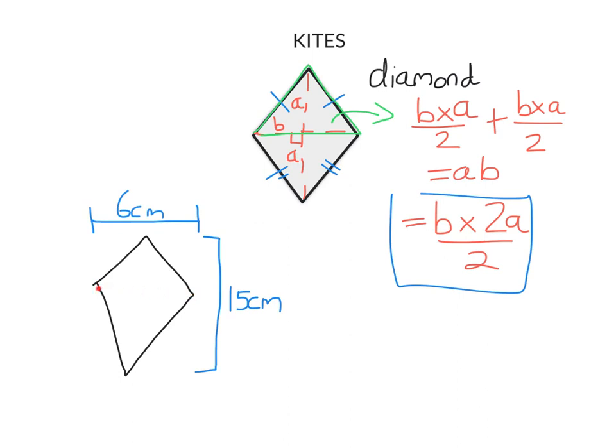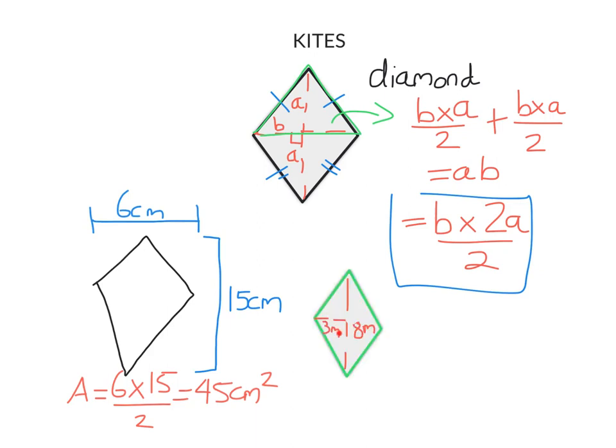So this length joining those 2 is 6, this length joining those 2 vertices is 15. So the way you find the area of a kite is you multiply together the 2 diagonals and you divide it by 2. 6 times 15 divided by 2 gives us 45, and of course we're finding area, so it's centimetres squared.